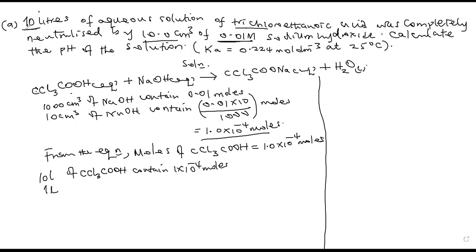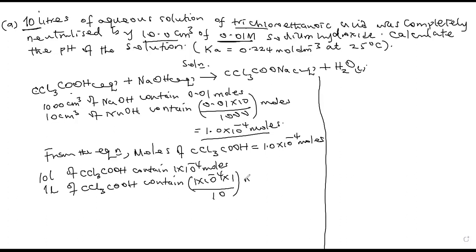They told us that 10 liters was completely neutralized by the moles we get from 10 cubic centimeters, and the mole ratio stays the same. But those moles are within 10 liters. How about in 1 liter? So 1 liter of trichloroethanoic acid contains 1 times 10 to the power negative 4 times 1 out of 10.